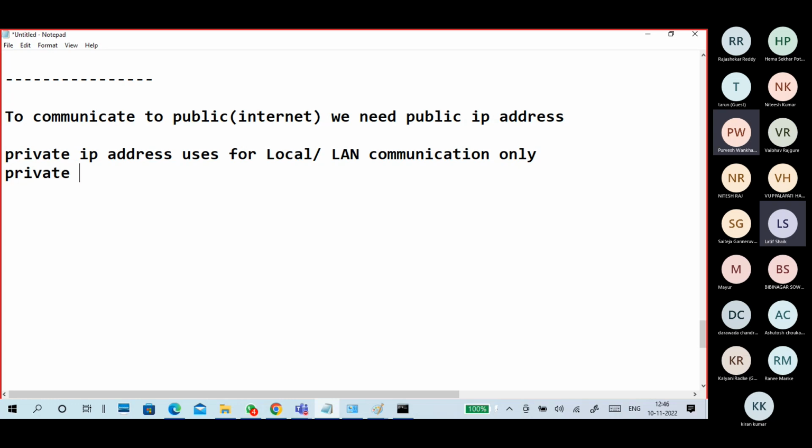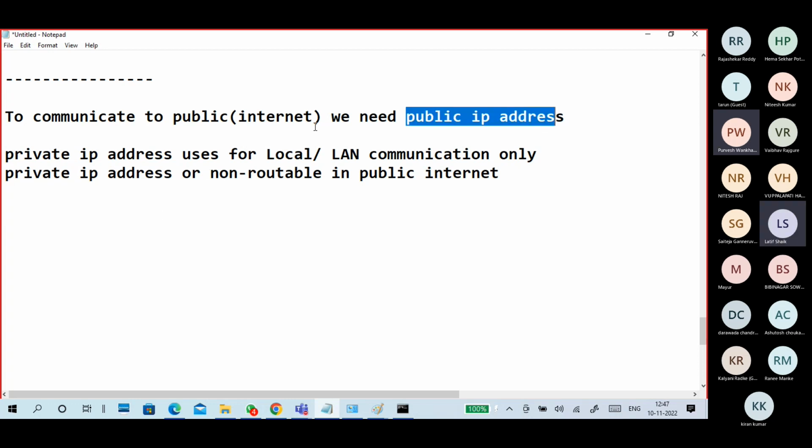Private IP addresses are non-routable on the public internet. So this is important. Private is for LAN communication, and public IP address is for communicating on the internet.